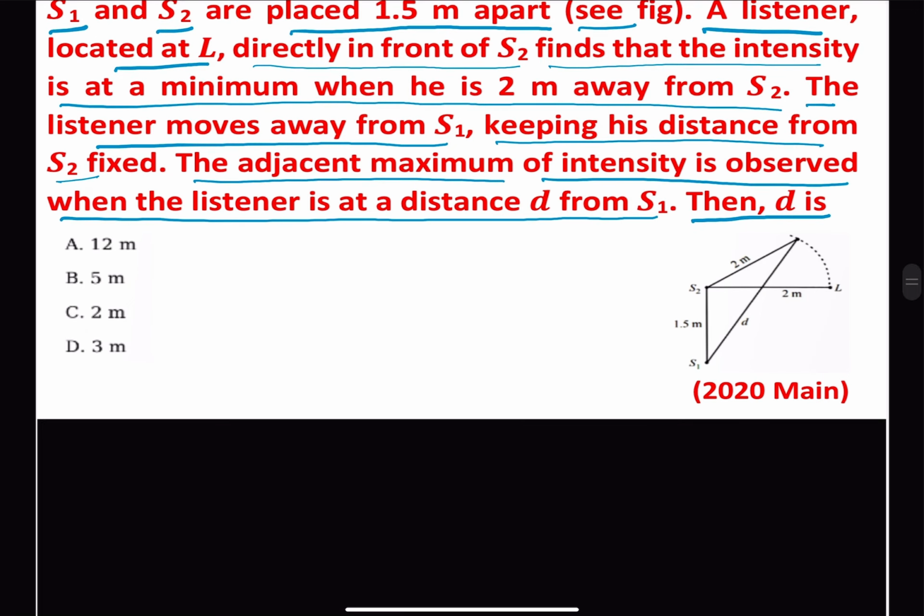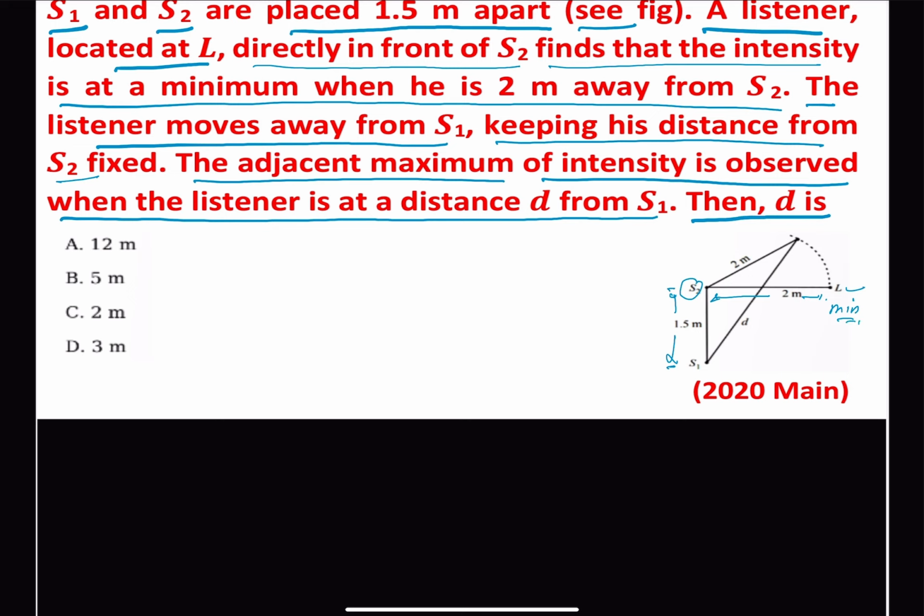So the basic figure is already given to us. We have two sources, S1 and S2. The distance between these two sources is 1.5 meter. And initially the listener is just in front of S2 at a distance of 2 meters. And here it observes that it has a minima.